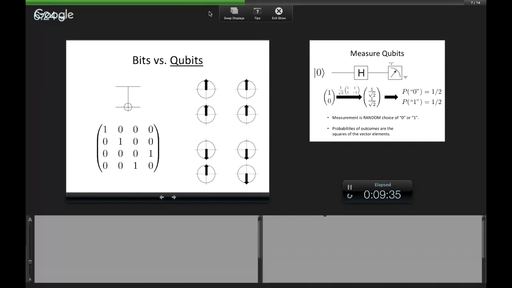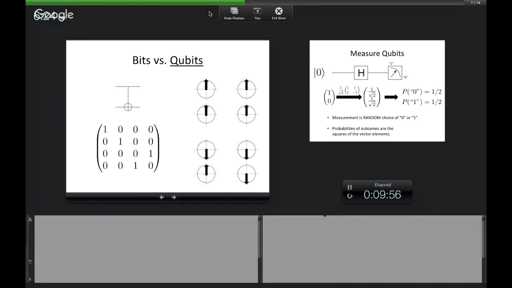And now, because we have 2 qubits, we have to write out a 4-component vector instead of a 2-component vector. Before, we just had 1 qubit. This was like the 0 state and the 1 state. I had an alpha and a beta.